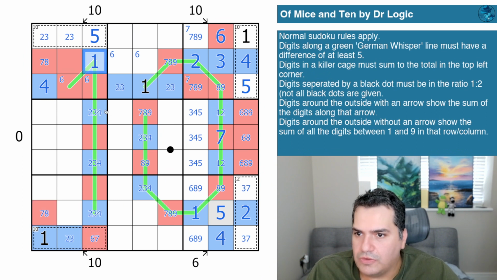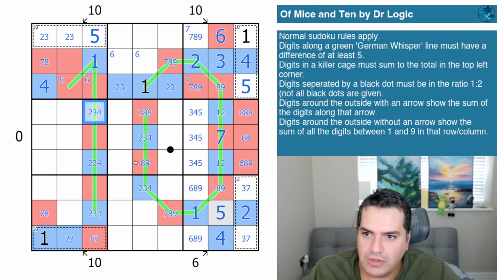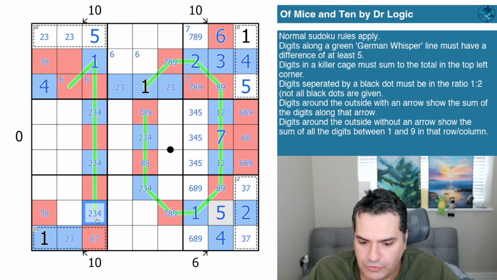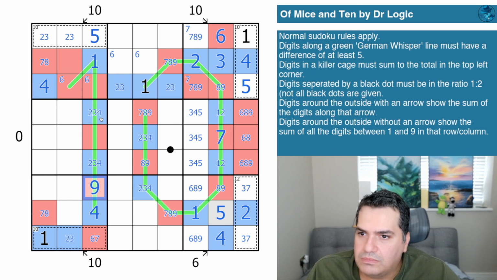Now, I think there's a few obvious things I can do. That can't be a 4, this can't be a 4, this is the 4, this is the 9. I feel like this has to be the 3. And why am I feeling that? Because it needs to be surrounded by 8 and 9. If that's the 3, I've broken the puzzle.